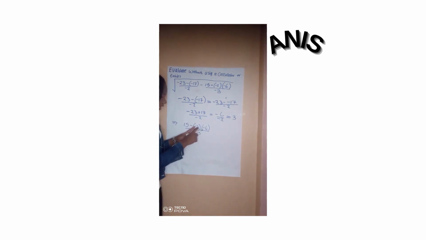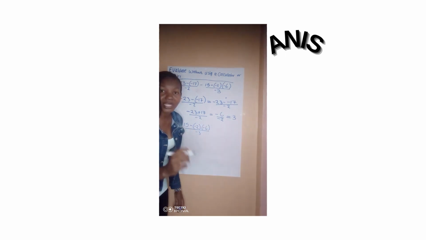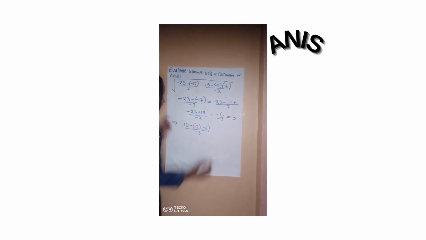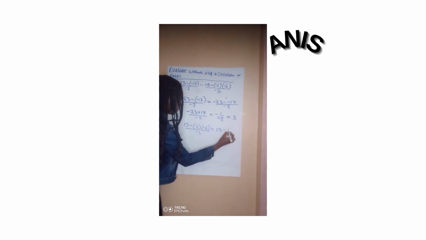And here we have negative 2 multiplied by negative 6. Again, a negative number multiplied by a negative number gives a positive number.